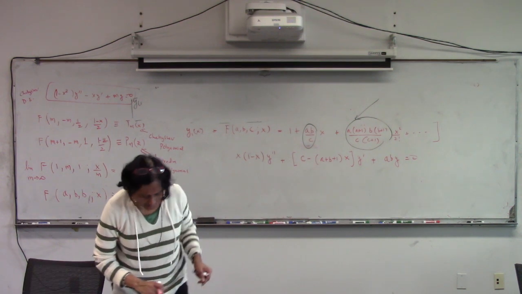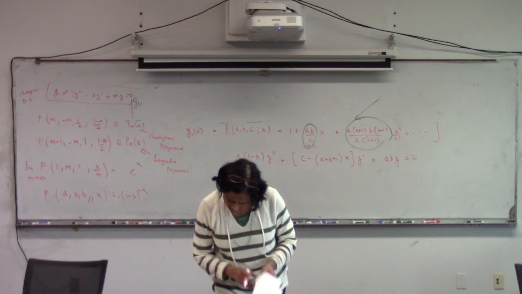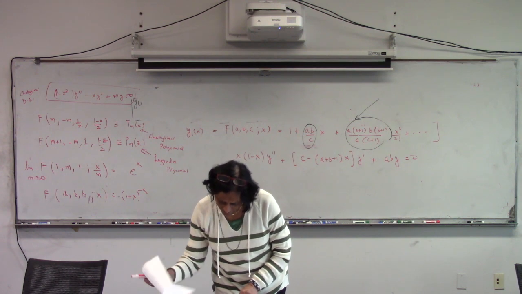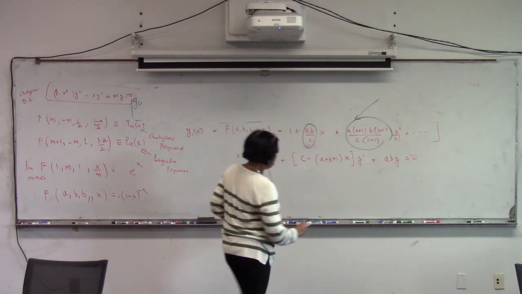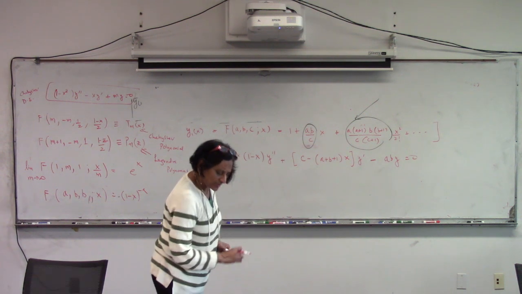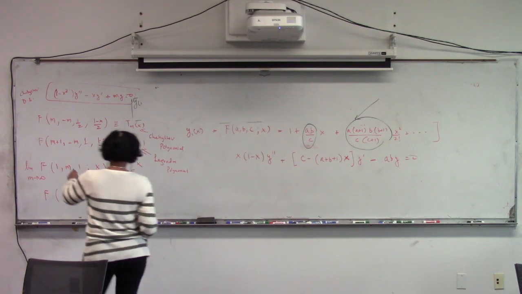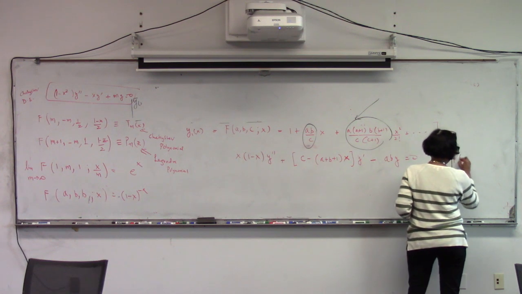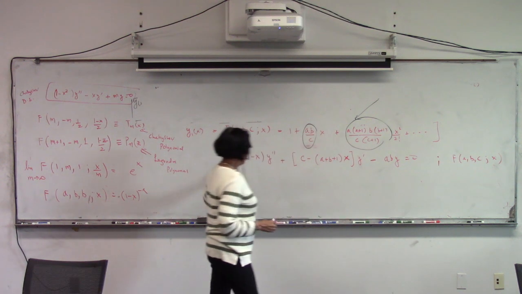Is it plus or minus? Yeah, it is negative: minus a b y. We know the solution of this is something of this nature, F(a, b; c; x), that's the solution of that differential equation.